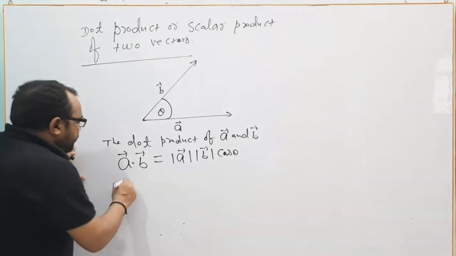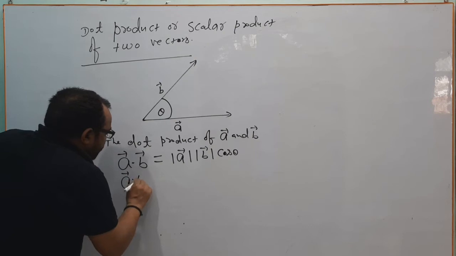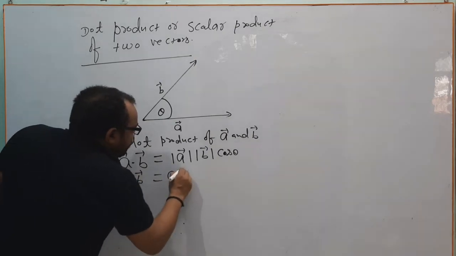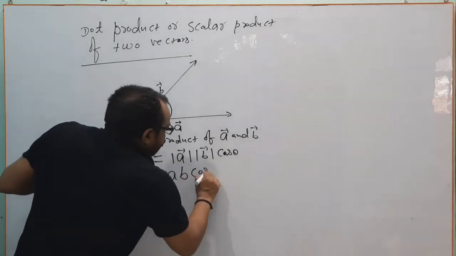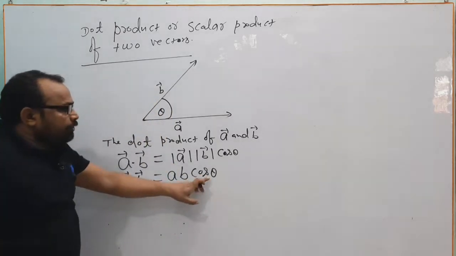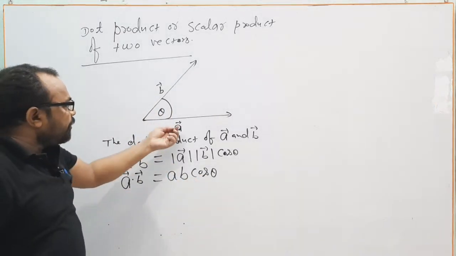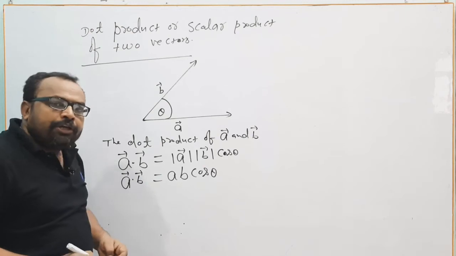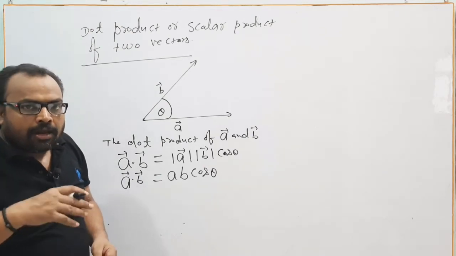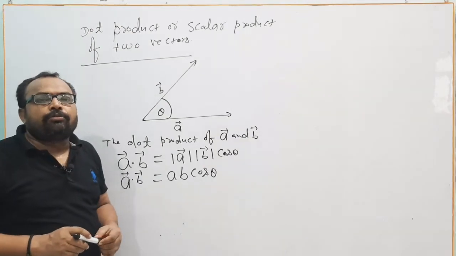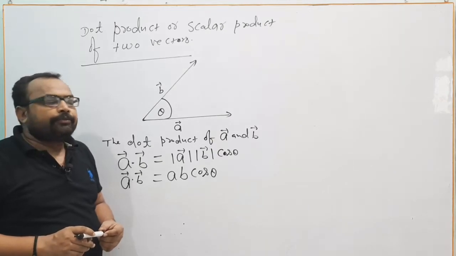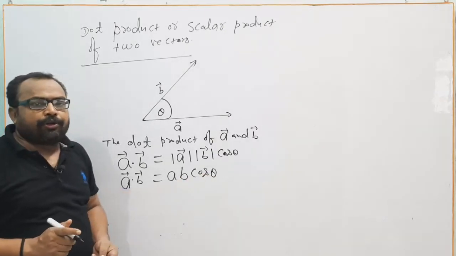It can also be written as A dot B is equal to AB cos theta. Here theta is the angle between vector A and vector B, and this angle lies between 0 degree to 180 degree.